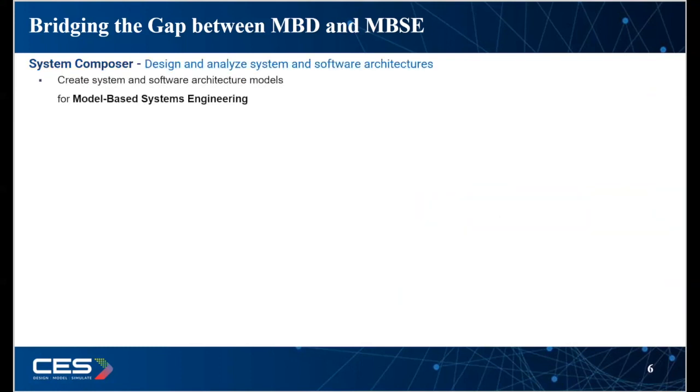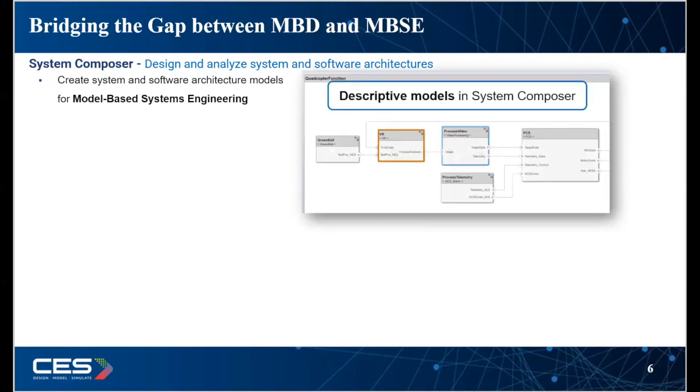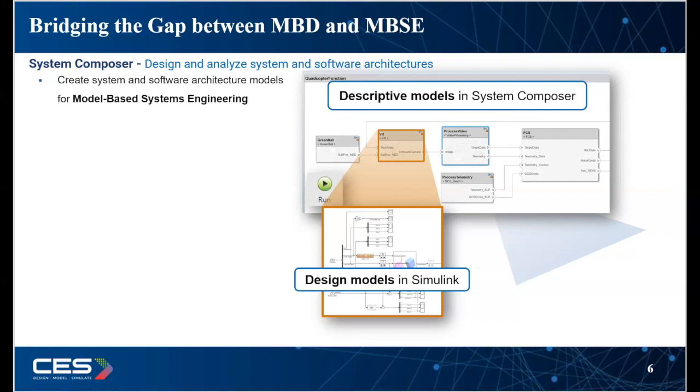So with System Composer, as I mentioned before, you can design and analyze system and software architecture, and create a system and software architecture model for model-based system engineering. By connecting your descriptive model in System Composer to your design model in Simulink, you can separate the functional, logical, and physical layers in your architecture. You perform trade studies.